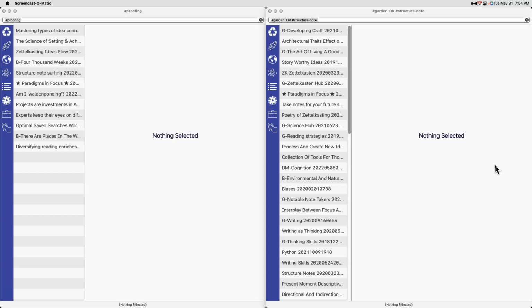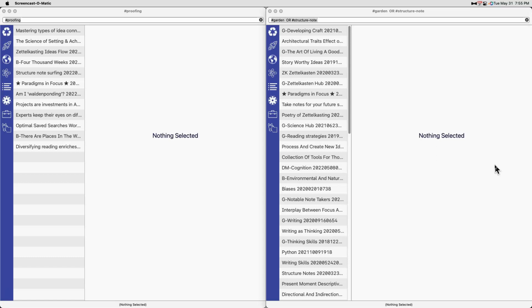But I think in this particular case, I have to disagree. I think structure notes are far better than tags, because tags cannot convey the context of a connection.